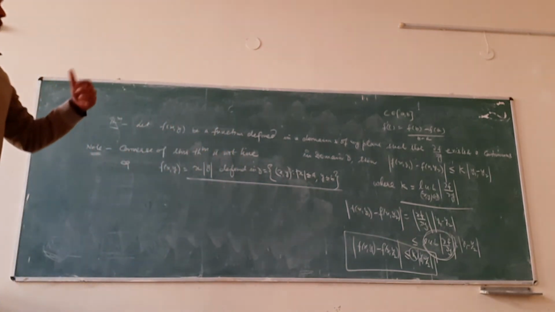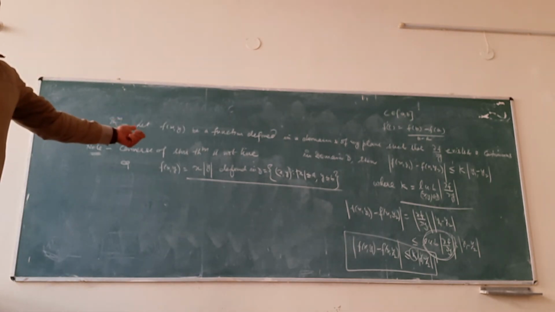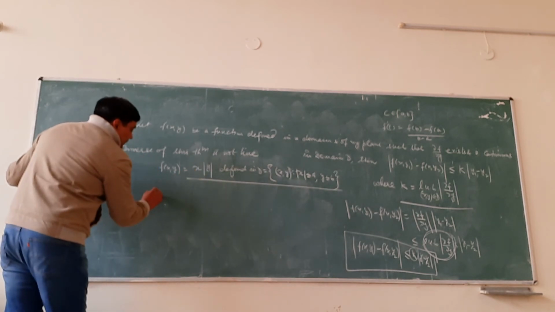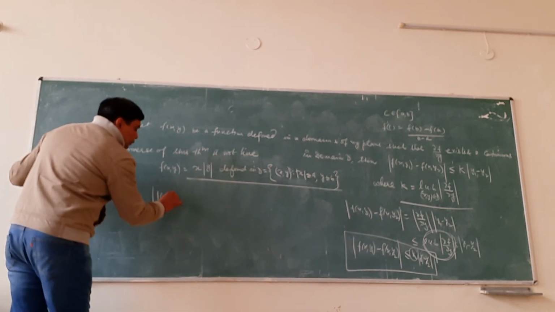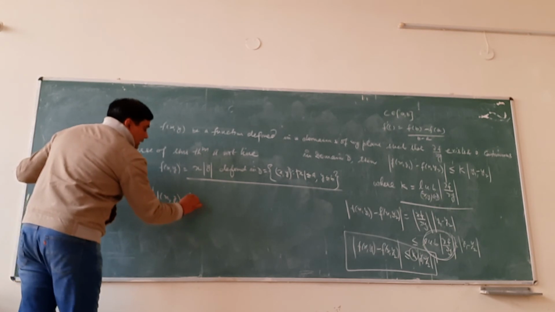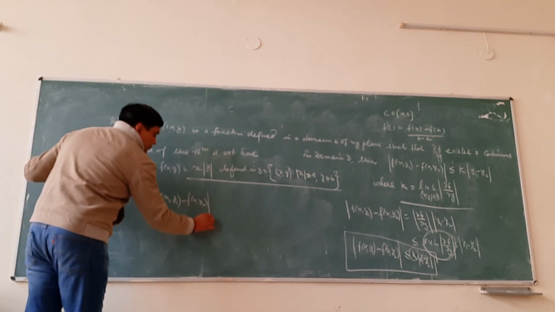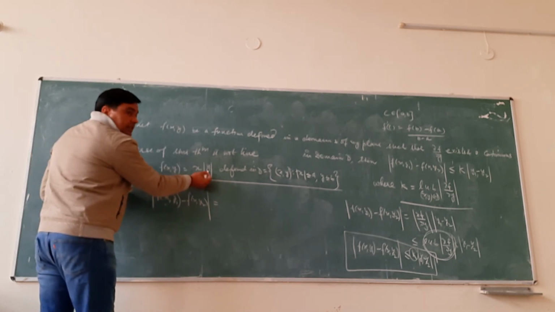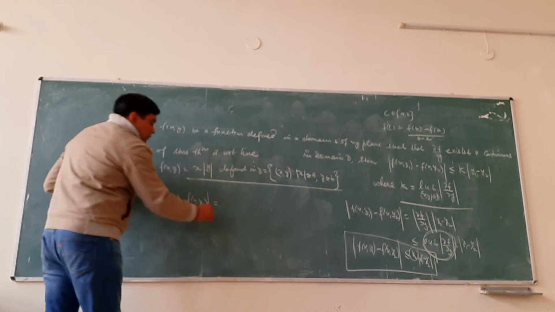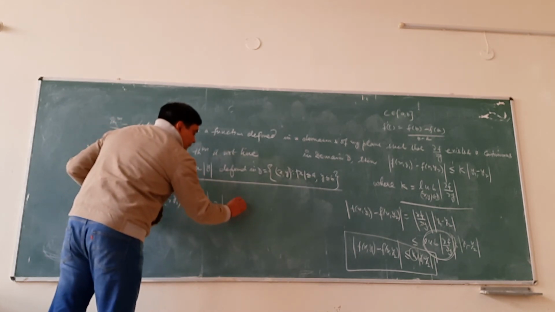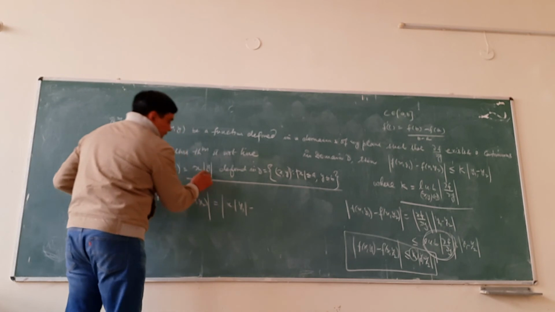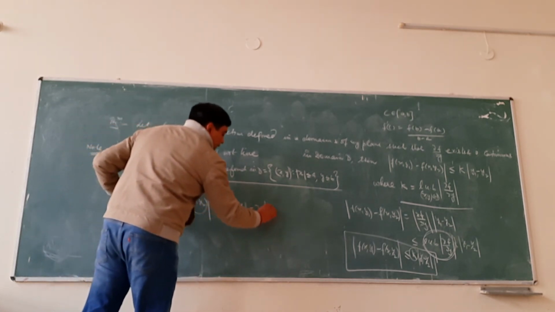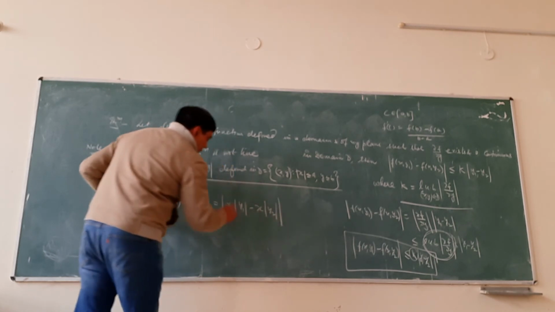So first we will show that this function satisfies Lipschitz condition. For that, consider mod of f(x,y1) minus f(x,y2). So this is equal to, if we find f(x,y1), we just replace y by y1, so we have x mod y1 minus x mod y2.